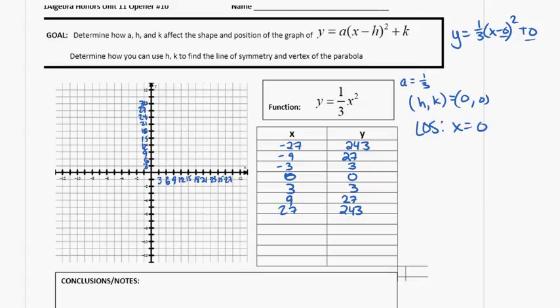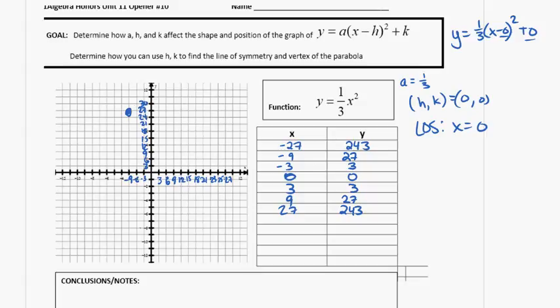Okay, so when x is -27, which is the equivalent of -9 here, 243. I can't fit that. So -3, -6, -9. So the 3 over, I should be going up to 27. Right there.